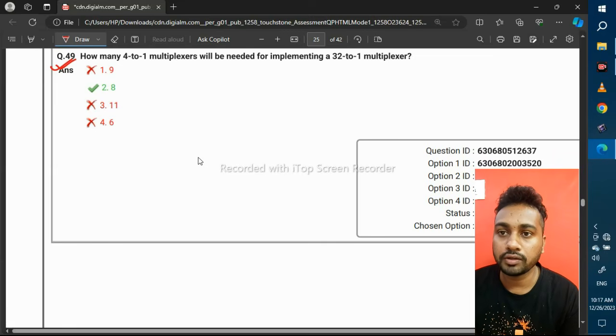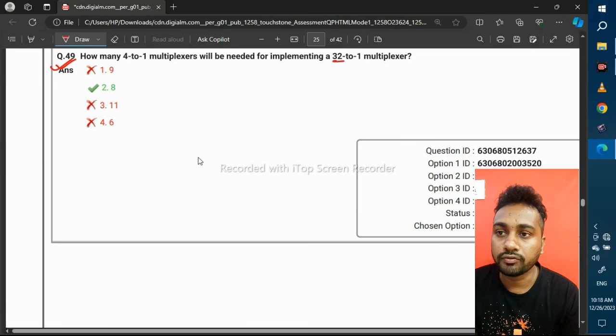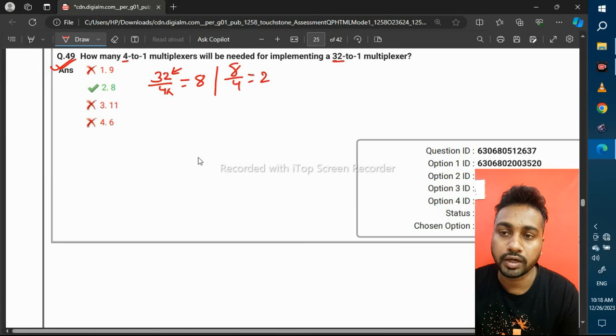Generally, suppose here you need to implement a 32 to 1 multiplexer using 4 to 1. In the first stage, 32 by 4, that is 8 multiplexers are required. In the second stage, 8 by 4 equals 2 multiplexers are required. In the third stage, 2 by 4 is nothing but 0.5.